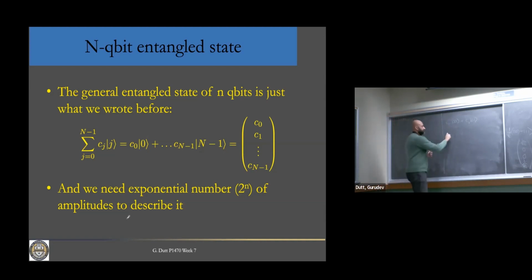And let's say I measured the left qubit and got 0. Then we know that collapses the right qubit to the state C0 times 0, 0 plus C1 times 0, 1. You see, this is a product state because the 0 is common to both of these terms. So this is a product state of 0 times C0 plus C1 divided by the square root of C0 squared plus C1 squared.